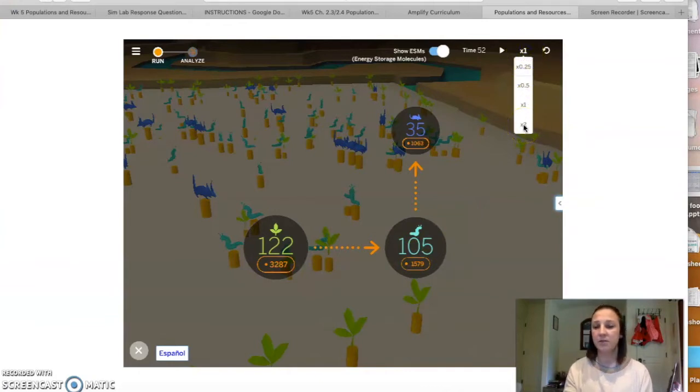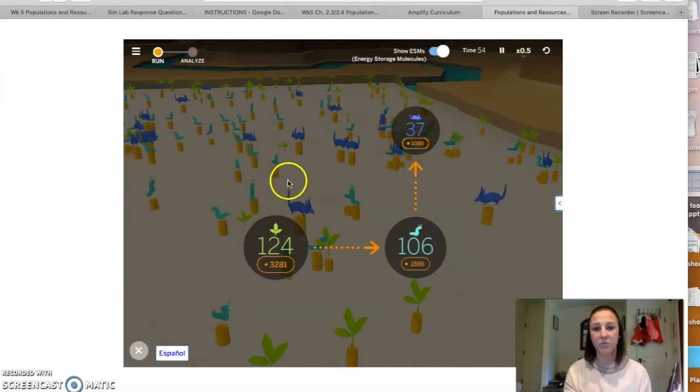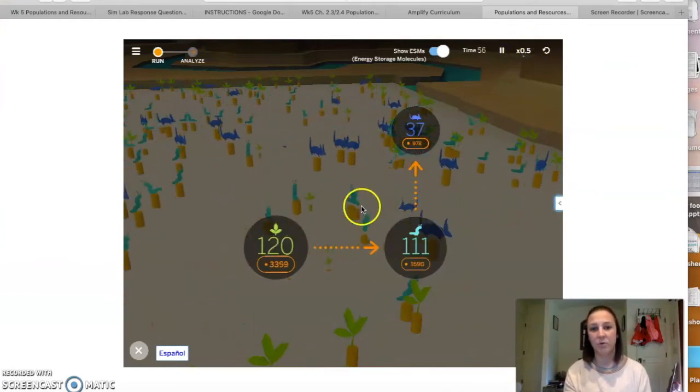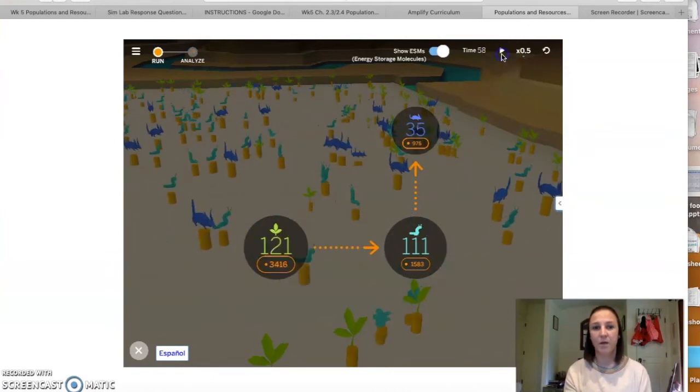So sometimes in the instructions it'll say do 20 time units. This is where the time units are. We're already at 52, and it goes pretty fast, and it's hard to follow these little critters. So I want to slow it down a little bit so we can see them moving at a more reasonable pace.